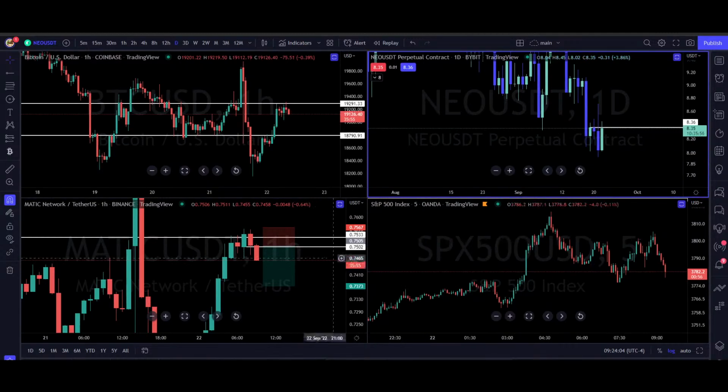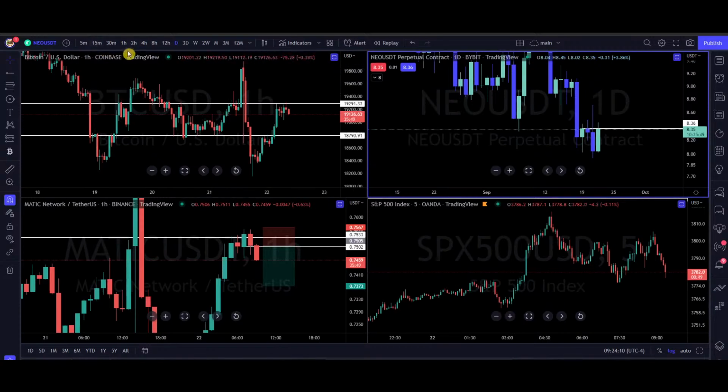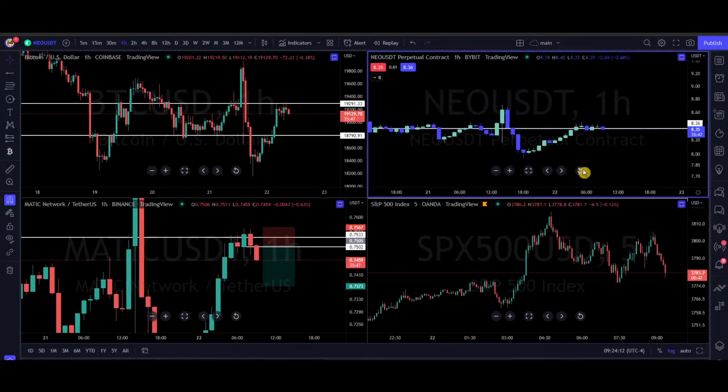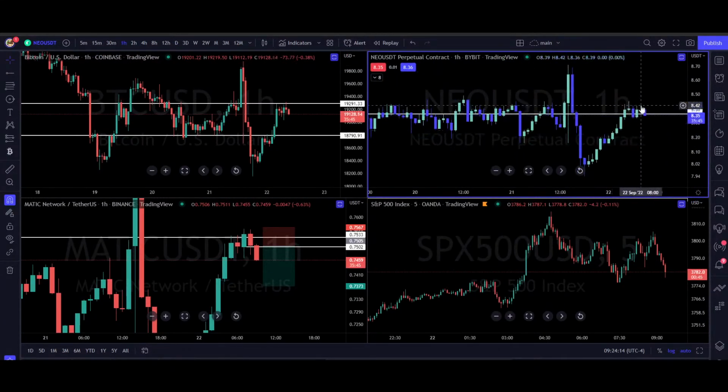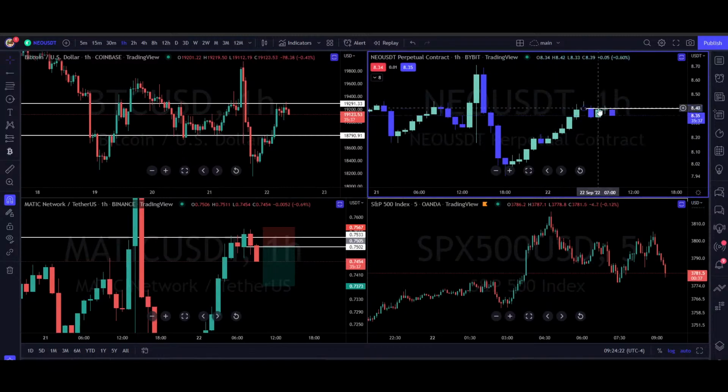So you could potentially look for a 1 or 2% move back to the downside. You've already closed an hourly above daily resistance, so you would have to watch hourly resistance. You've got multiple opportunities to take the short. You could have taken it at 8 o'clock. You could have taken it at 9 o'clock.